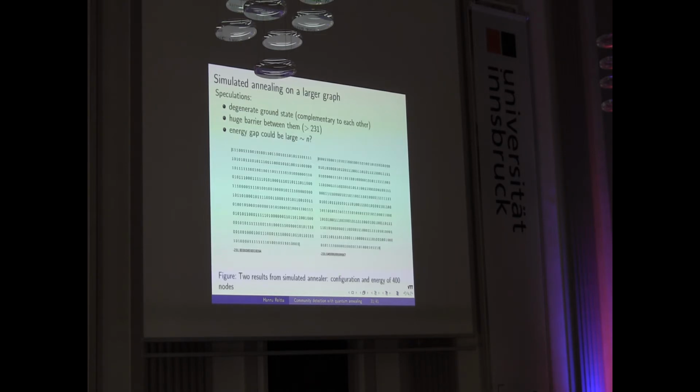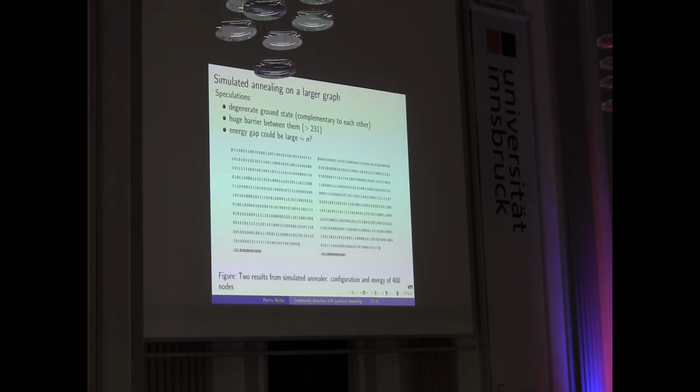Okay. Then with simulated annealing, I tried a bigger graph with 400 nodes. And here you seem to have a degenerate ground state with almost equal energy. But the configurations are complementary. So if you have here 0, then here you have 1.